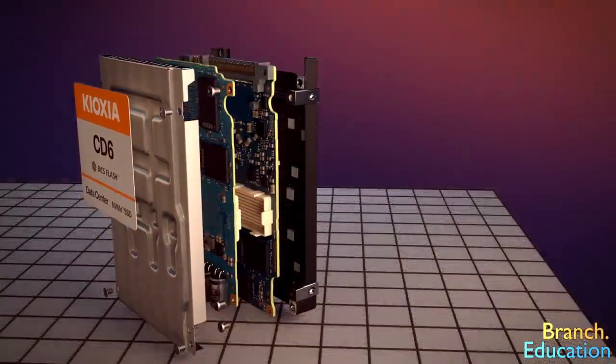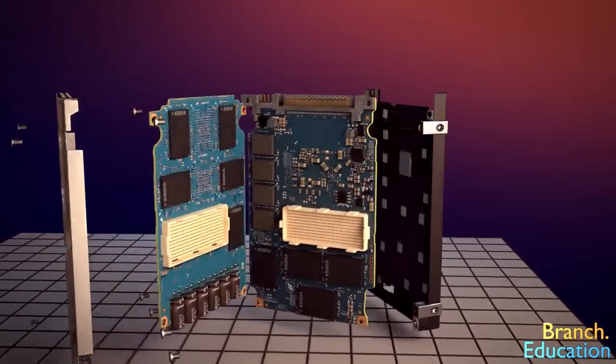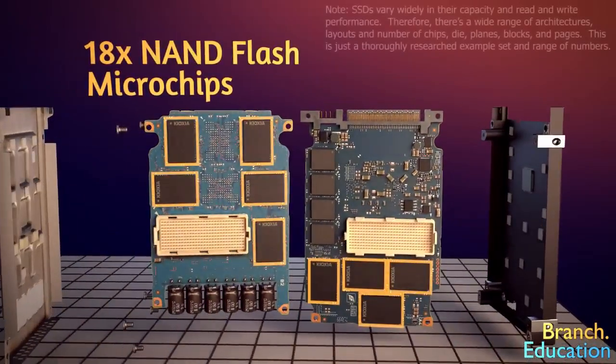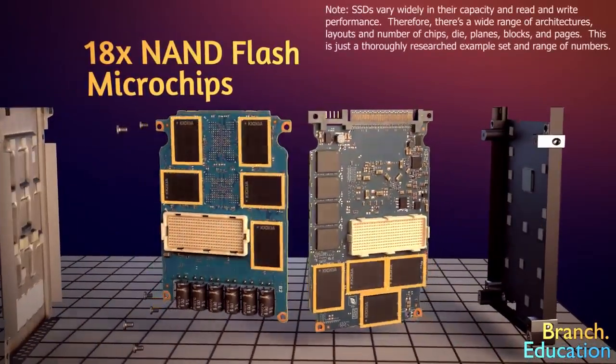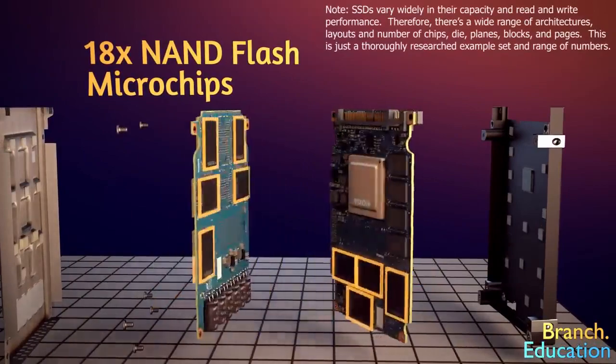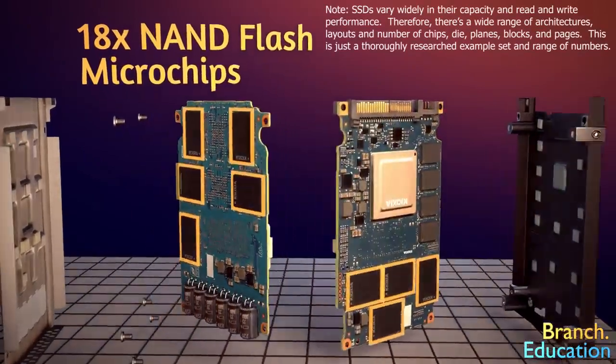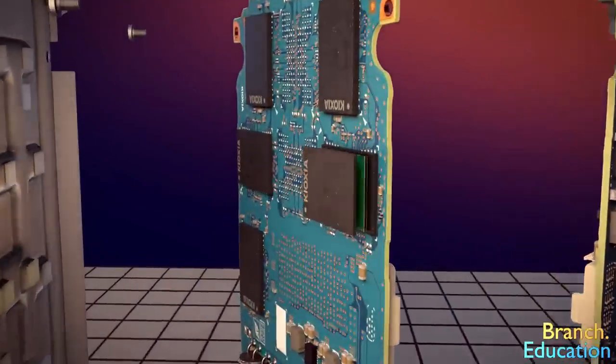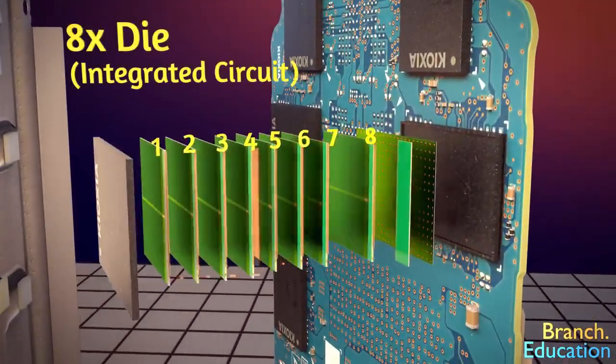So how does it do it? Well, in this solid-state drive, there are 18 NAND flash microchips that are used for storing all 8 terabytes of data. When we look inside a single chip, we find that there's a stack of 8 die.